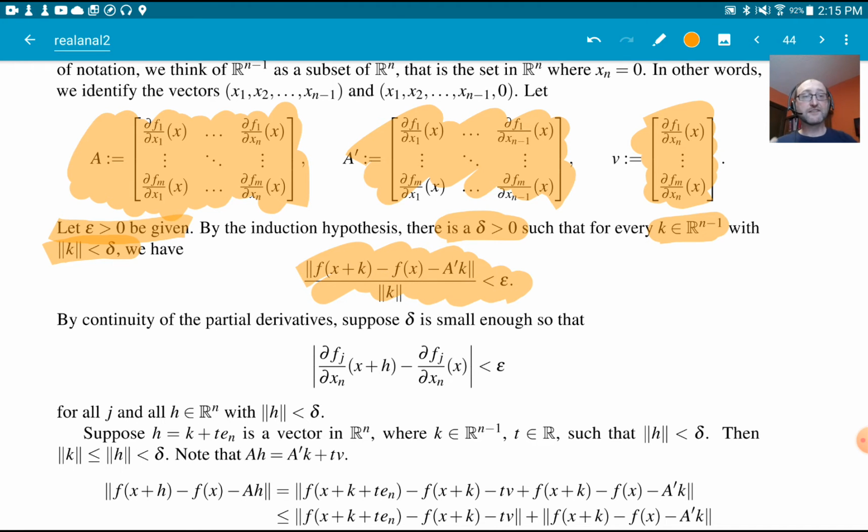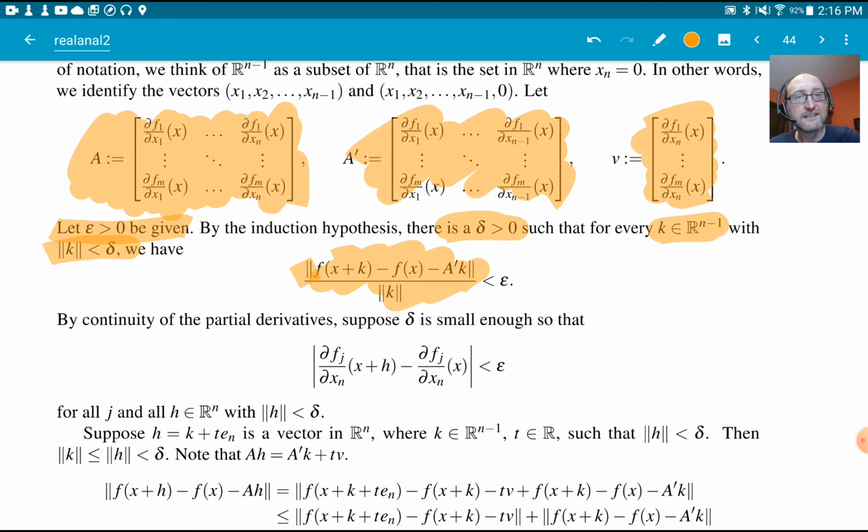That's basically looking at the derivative in R^(n-1). I'm just moving in the first n-1 directions. I'm not allowed to move in the last direction. And this thing is supposed to go to 0 as k goes to 0. That's just writing that statement.